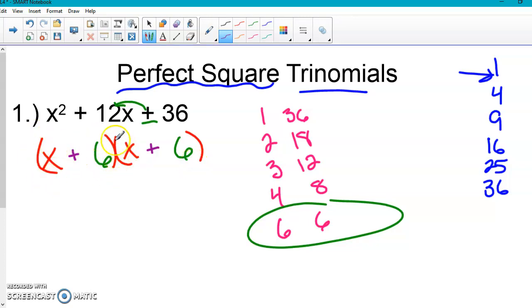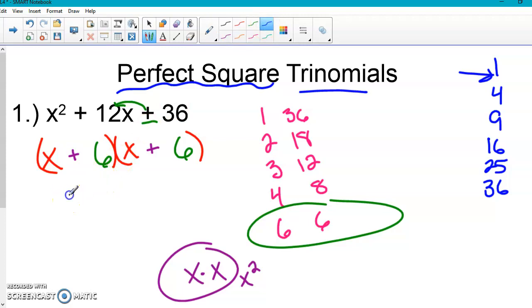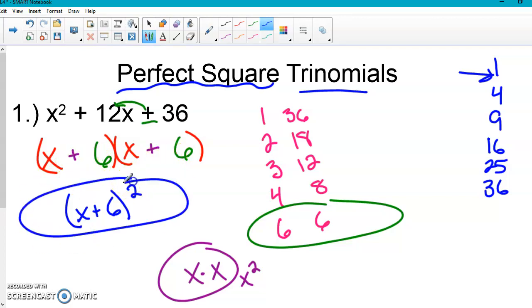Now remember, these are two binomials stuck together, which means they are being multiplied. So I would never leave my answer as x times x. What is x times x? It's x squared. So instead of leaving x plus 6 times x plus 6 as your final answer, it would be x plus 6 squared because there's two of them.